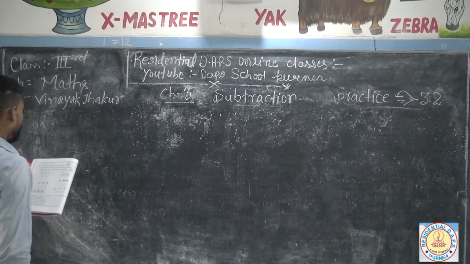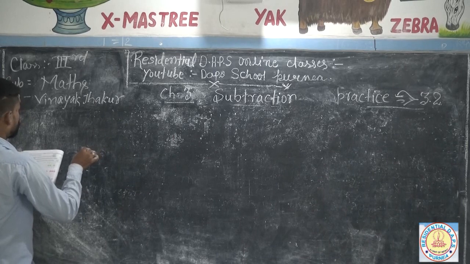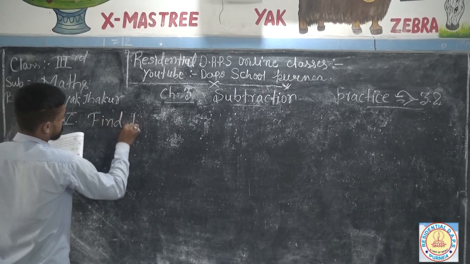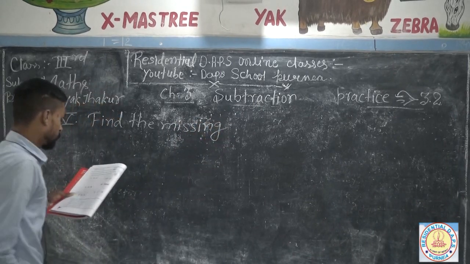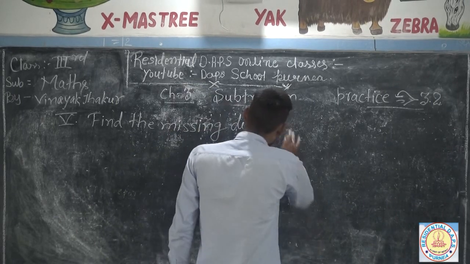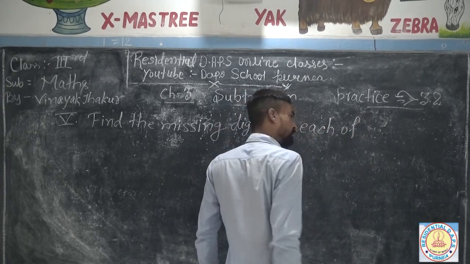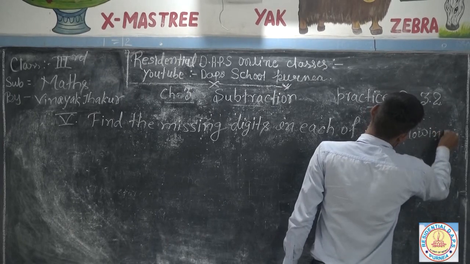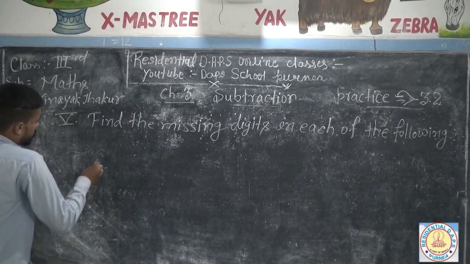In your question number 5, find the missing digit in each of the following. So guys, you should find the missing digits of the minuend.